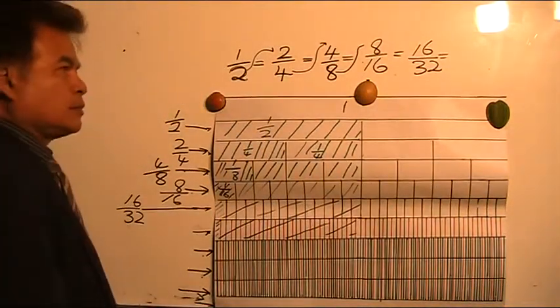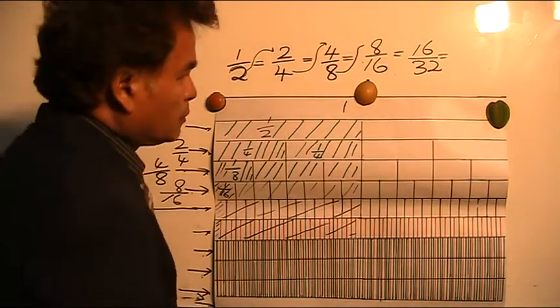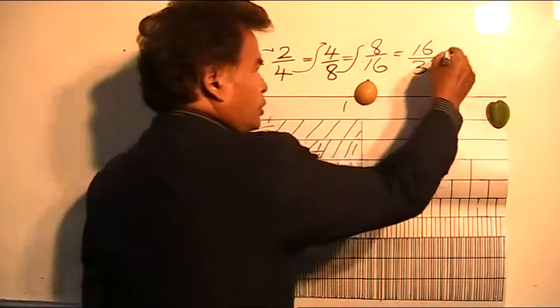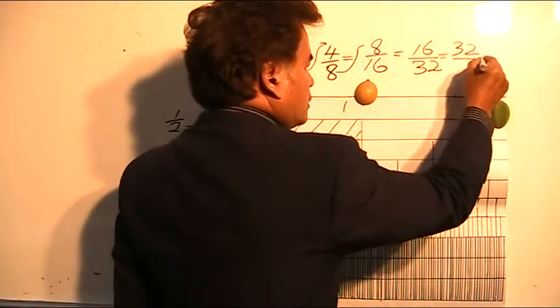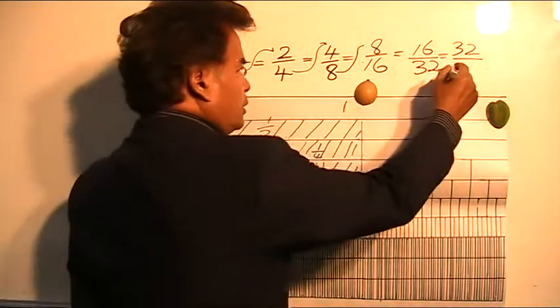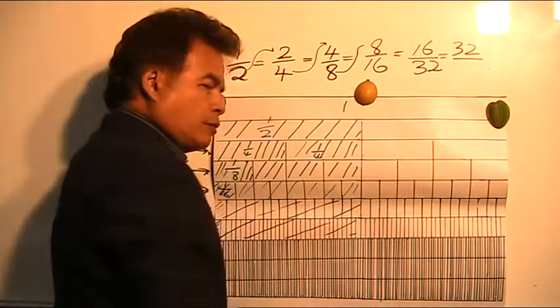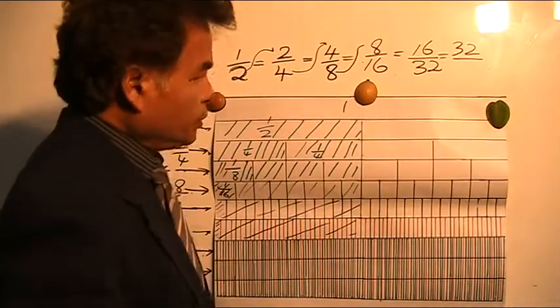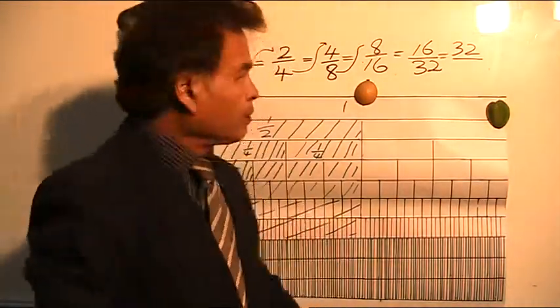Okay? Next one? What? 32 over what? 60. Alright, write down. I see there are a few others who still haven't finished.